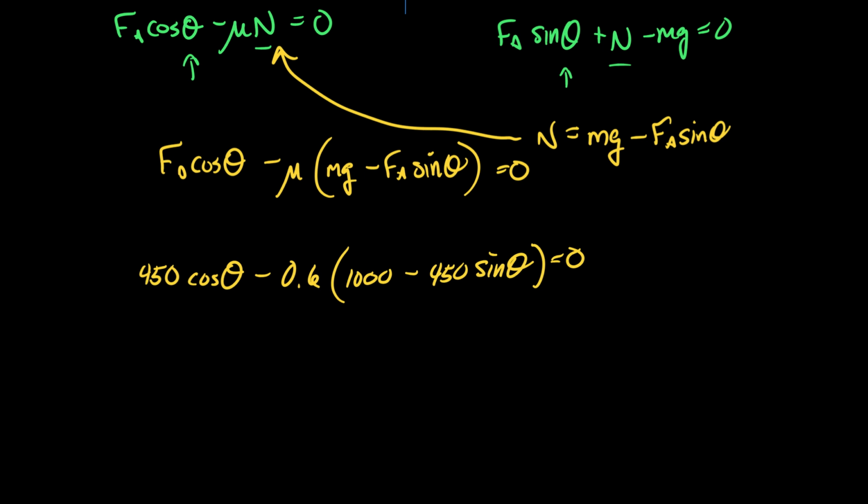Multiply by 0.6, say, and I'll get 450 cosine theta minus 600 plus, let's see, 0.6 times 450, 270 sine theta equals 0. Oops, I forgot the cosine, sorry.